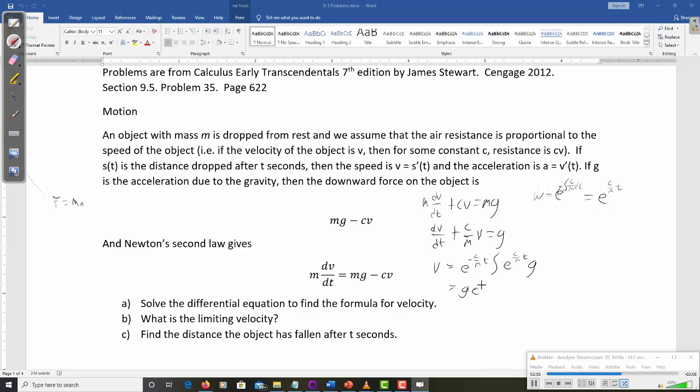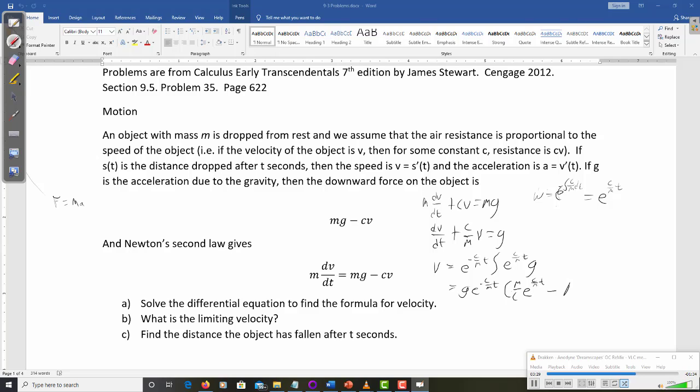Integrate e to the (c over m) t: you just divide by c over m. So you'll get m over c e to the (c over m) t minus, and we'll call this some other constant.